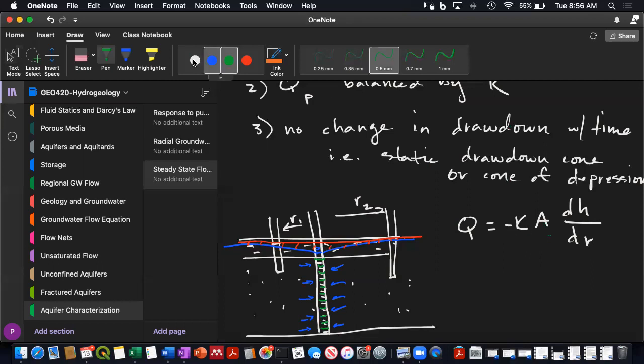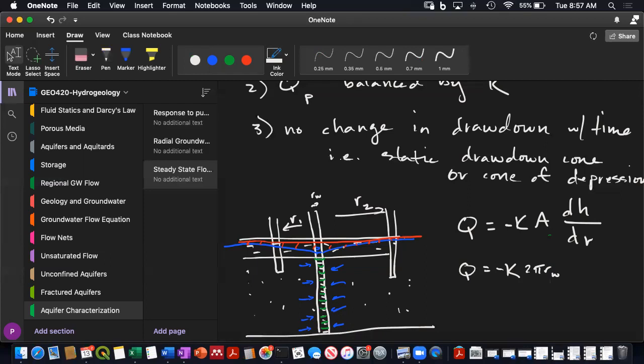Okay, so what's the equation for the circumference of the well? And let me tell you that it has a radius of r sub w. And then how do I make this the full surface area of the well?